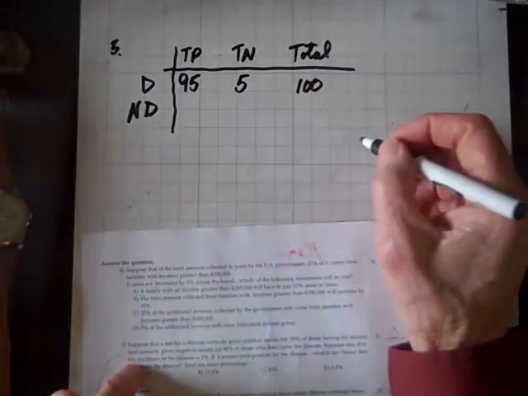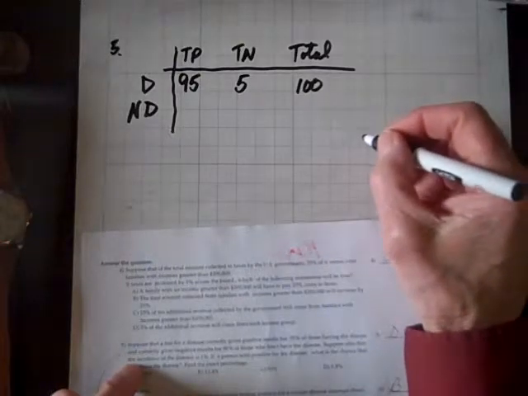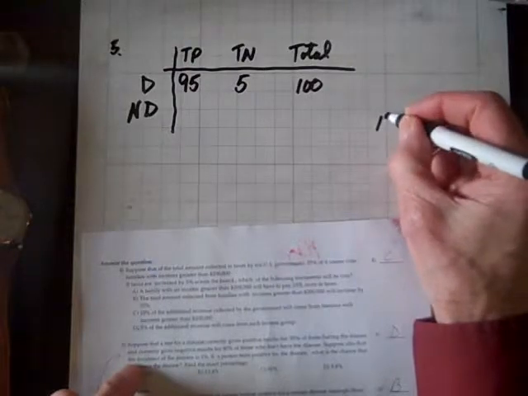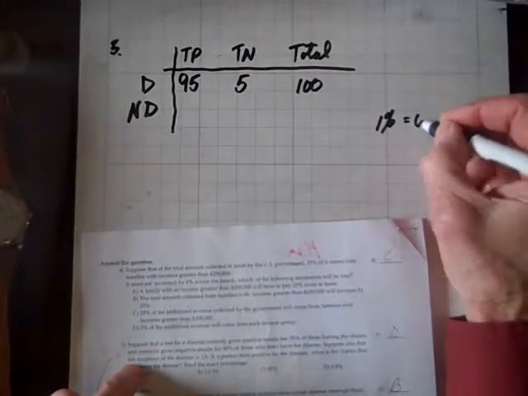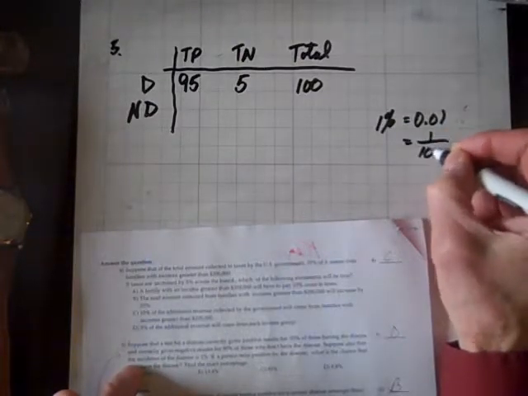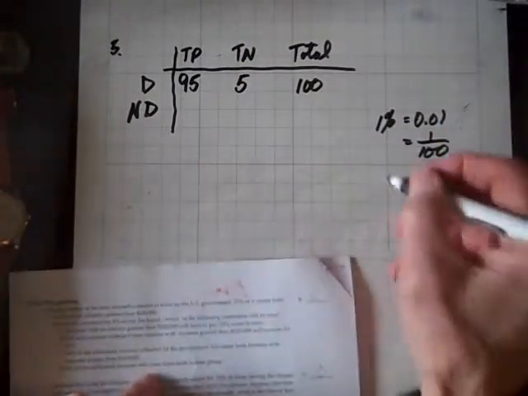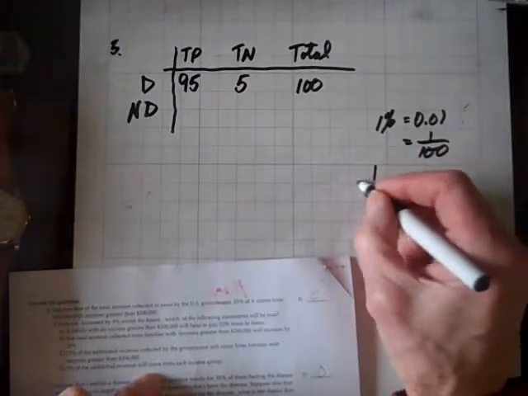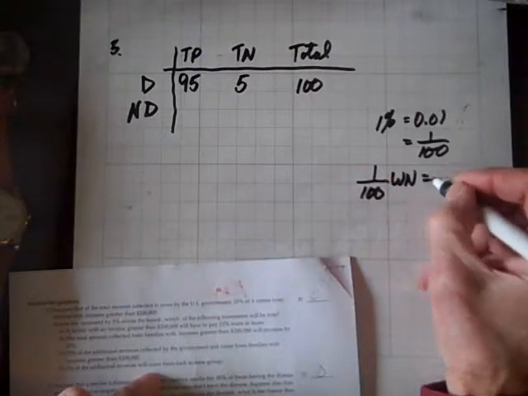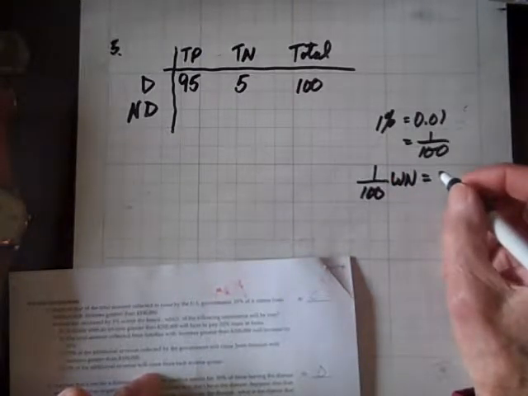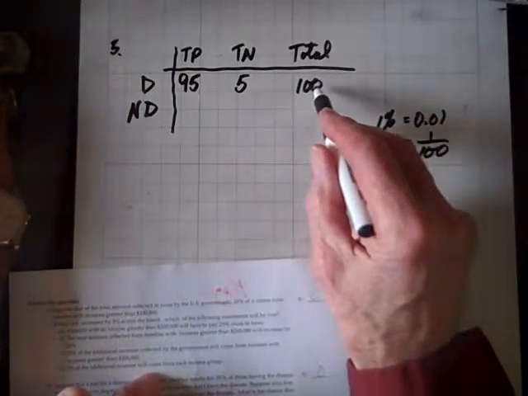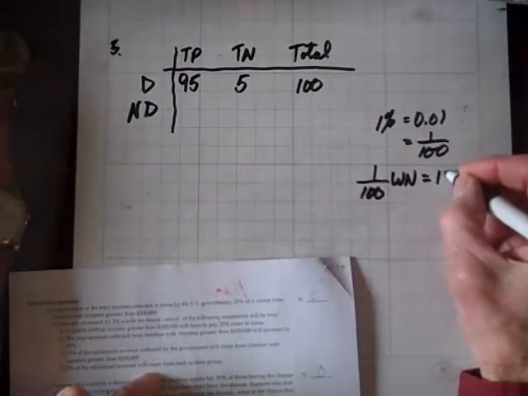And we also know this, 1%. And by the way, 1% equals 0.01, which equals 1 over 100. So 1%, 1 over 100, of what number equals 100? Will you agree that that is going to be 100, because the total number that have the disease is 100.